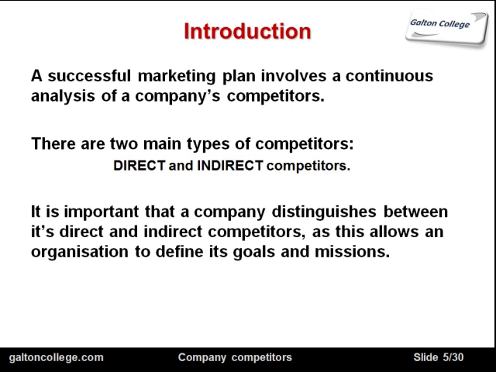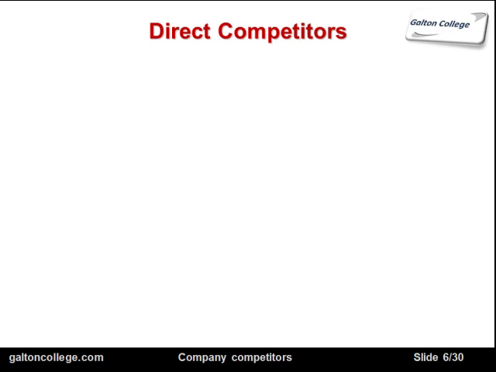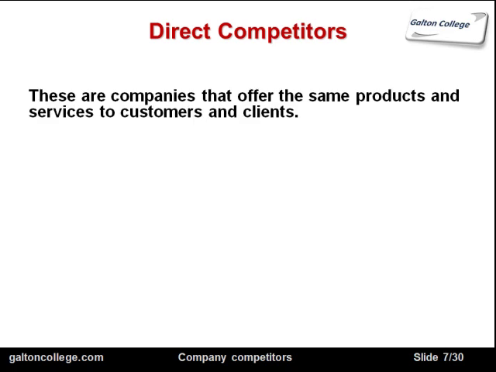So, let's start by looking at direct competitors. These are companies that offer the same products and services to customers and clients. The same. So they are the same products, and this means that there is direct competition.